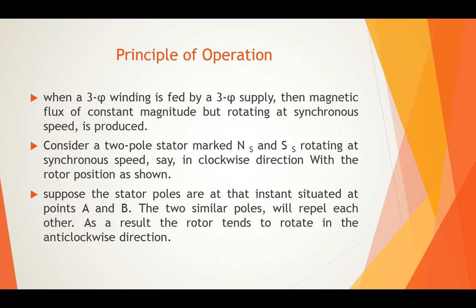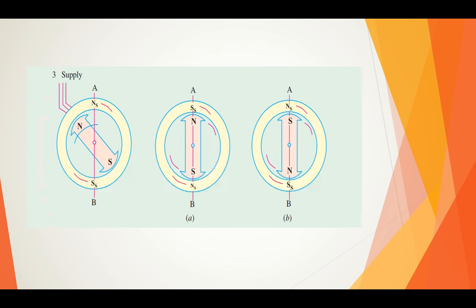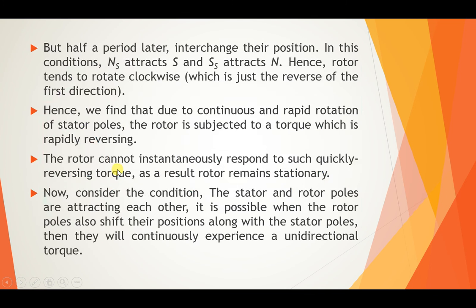Now the principle of operation: how does a synchronous motor operate? For this we need to understand the diagram given in the figure. We have a stator and a rotor. Initially, the stator poles are denoted NS and SS, and the rotor poles are denoted north and south.